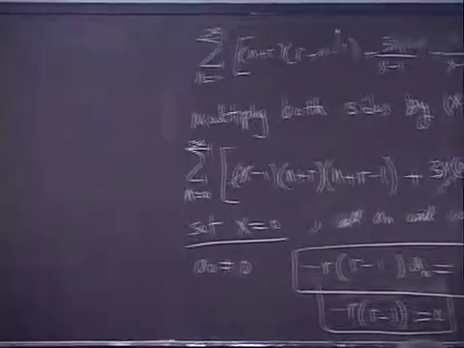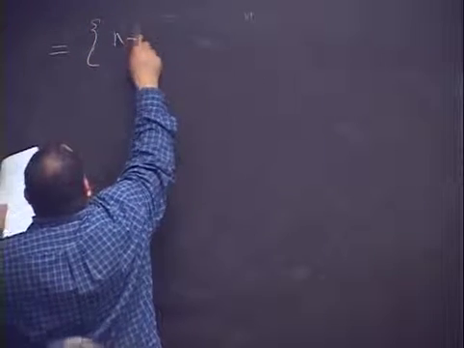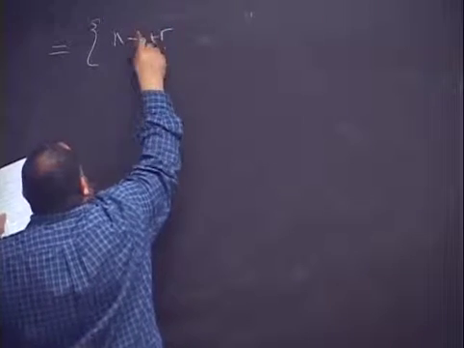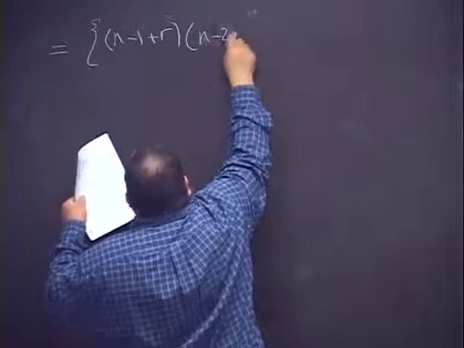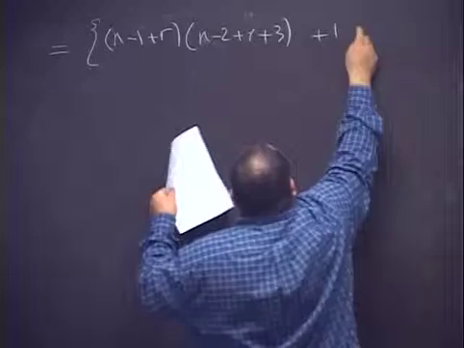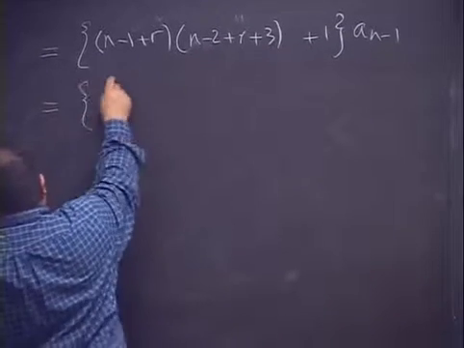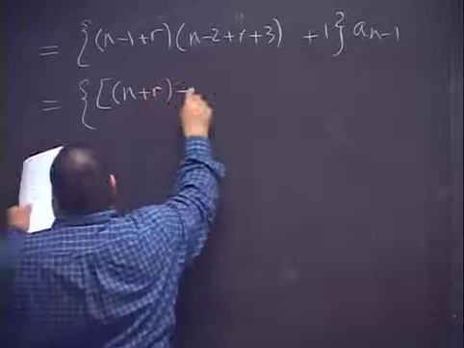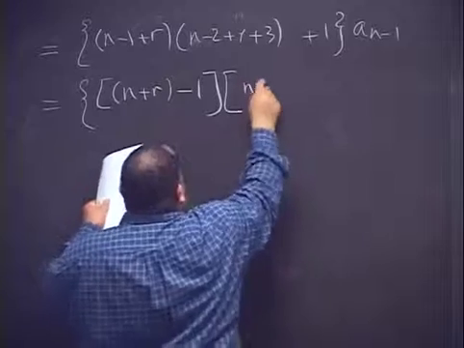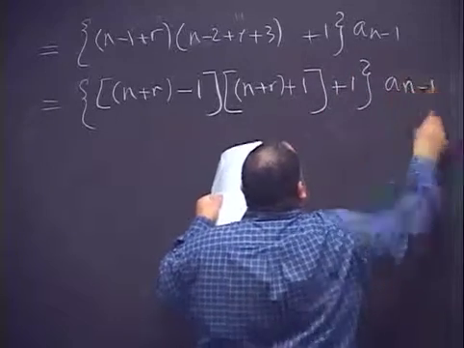When you simplify this equation, you will notice that this is equal to (n minus 1 plus r) multiplied by (n minus 2 plus r plus 3), all of this, and then plus 1, a_(n minus 1), and then we'll simplify this to (n plus r minus 1) multiplied by (n plus r plus 1), plus 1, a_(n minus 1).